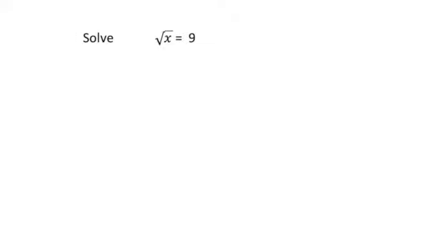So this question now is asking to find the value of x if the square root of x is equal to 9. Now again, we're doing the same thing here. We're finding the inverse operation. So the inverse of square rooting is to square. So I need to square the square root of x to find the value of x.